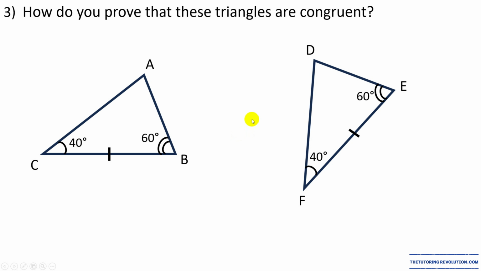So we can prove that these triangles are congruent by angle, side, angle. Very important that you understand that the side has to be in between the two angles for this postulate, angle, side, angle, to be true. Okay, the side is flanked by these two common angles.